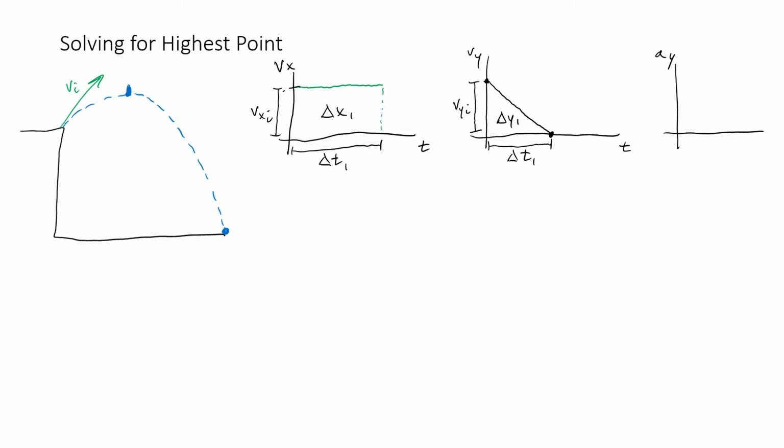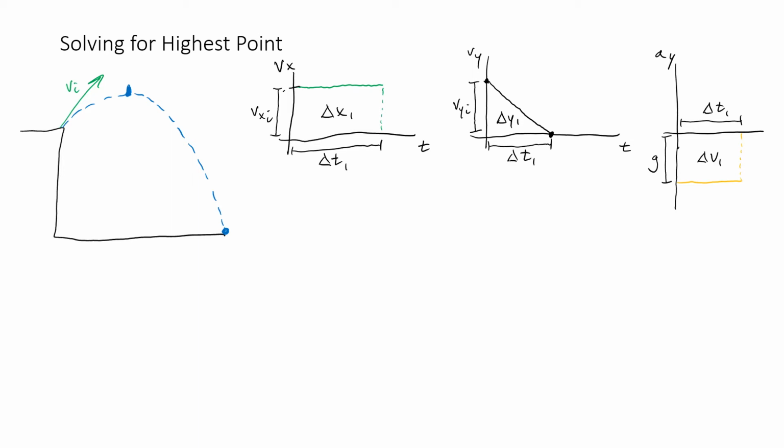But for the y direction, let's go ahead and label one. So during this time, delta t1 that we've been looking at, the acceleration is a constant value, just the gravitational constant g, which is also known. The g will be a constant. I'll use 9.8 for that.